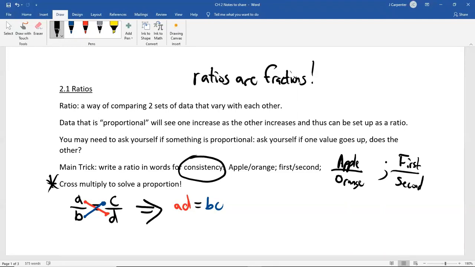If you swap the A and the D, nobody cares. If you swap the B and the C, nobody cares. It is this idea right here that makes it so it doesn't matter whether you did apples over oranges or oranges over apples as long as you're consistent. Because the tops and bottoms are going to go away, there's not going to be any more fractions once you hit this point.